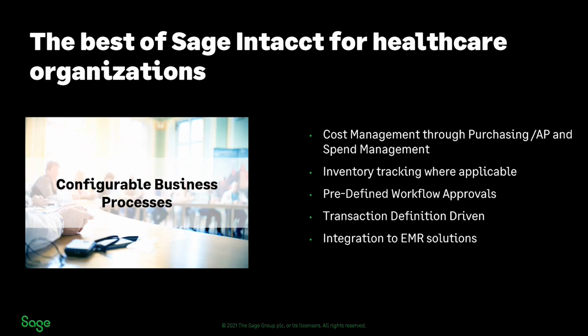And then if you are someone who is buying material or supplies, stocking those, and then maybe transferring or issuing those out to your different locations, and you want to have full inventory tracking, we can certainly do that. For those types of organizations, inventory is really important.